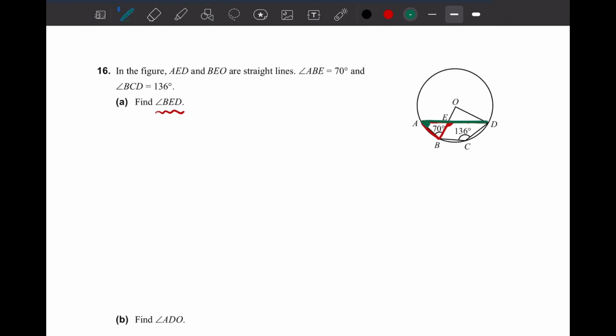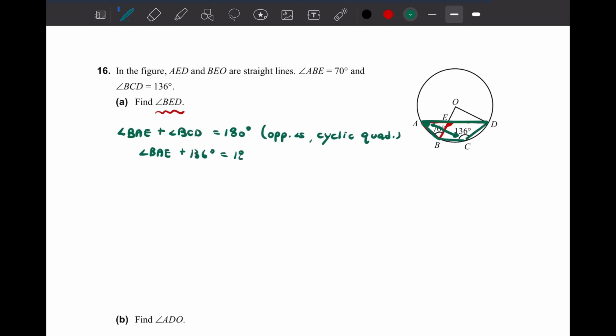So yes, because this is a cyclic quadrilateral, all the vertices are lying on a circle, and this is actually the opposite angle. So therefore, BAE adding your BCD is equal to 180, with the reason of opposite angles of a cyclic quadrilateral. So therefore, BAE is actually 44 degrees.